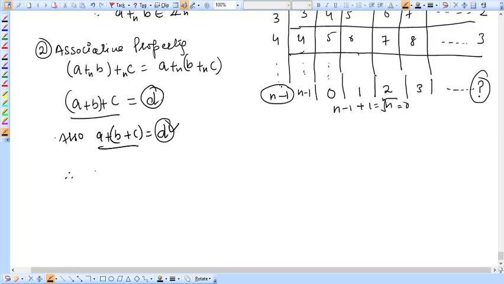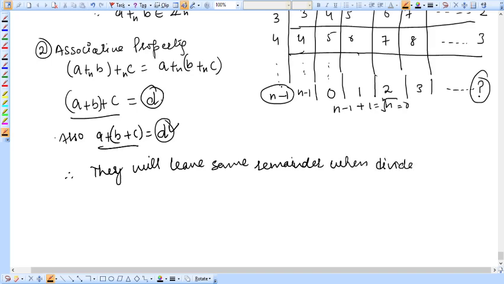Therefore they will leave the same remainder when divided by n.